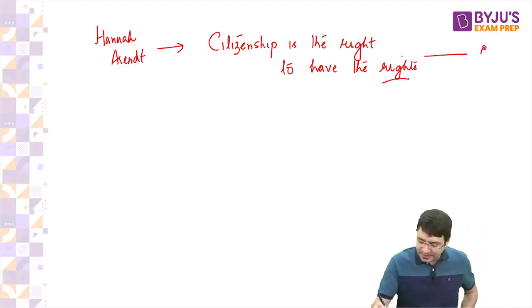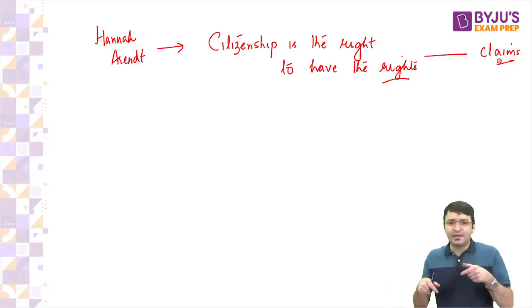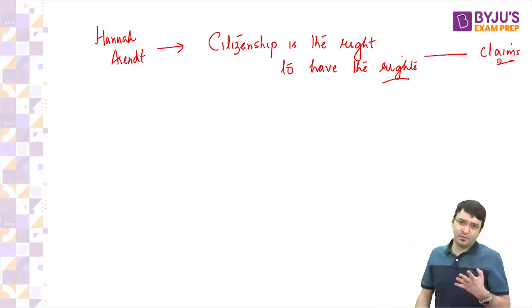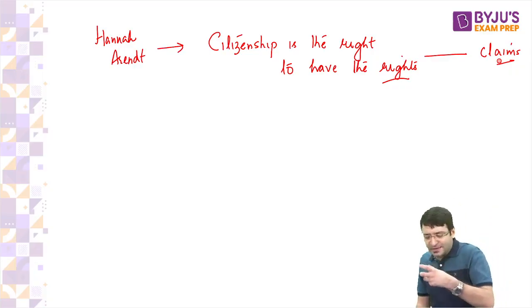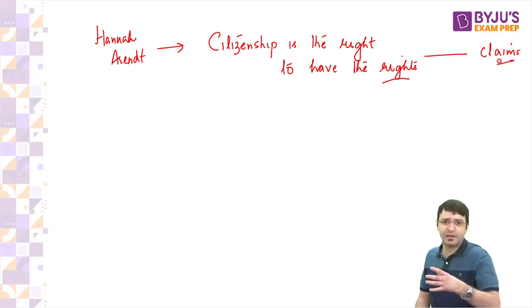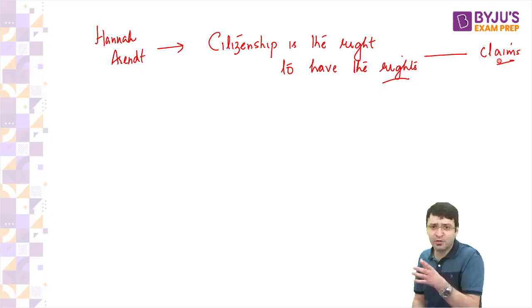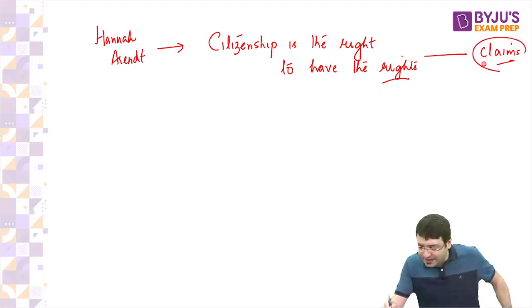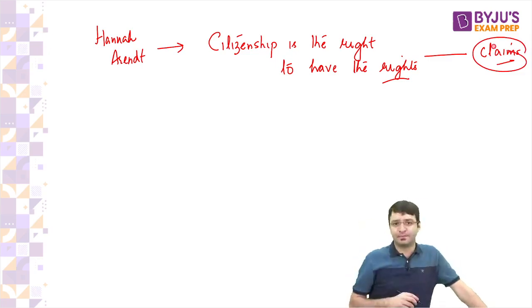Rights means claims. Can an alien claim a government job in India? No. Can an alien claim benefits from the state in the form of subsidies, scholarships, pensions, or subsidies for kerosene or LPG? No. But it is only these citizens who can claim these rights from the state.